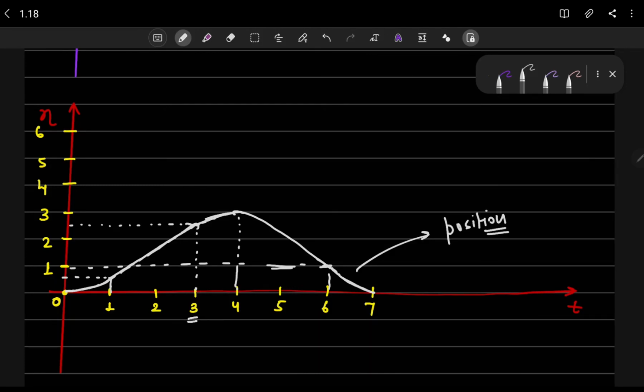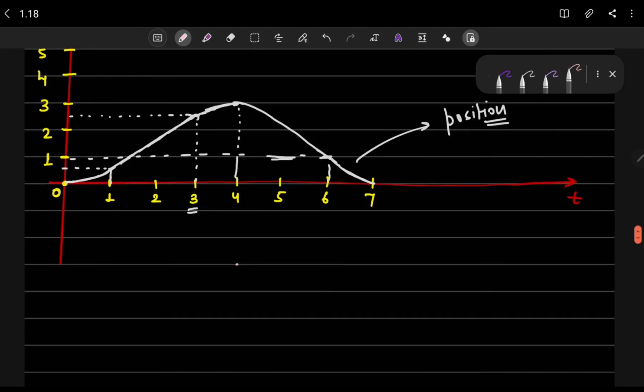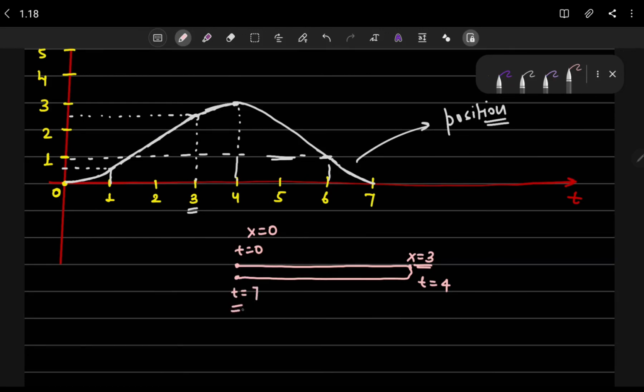Now if we come to the distance graph, then till t is equal to 4 seconds the distance keeps on increasing. After that also it will keep on increasing even though the position is decreasing. So basically what is happening, it is going to the position x is equal to 3, then it has come back to 0. Okay, and x is equal to 3 at t is equal to 4, and at t is equal to 0 the position x is equal to 0, and this is the case at t is equal to 7 as well.